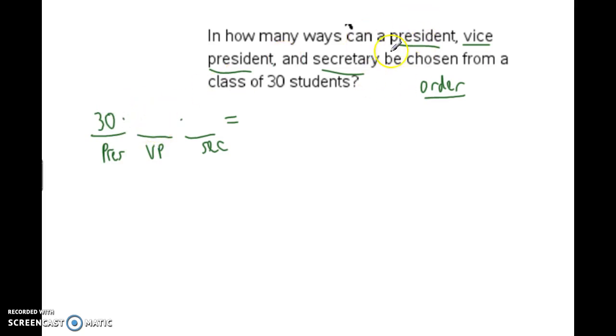So you've eliminated one of the choices. You started with 30 students, you've chosen the president, and now you only have 29 left. A lot of runoffs actually do that. They try for president, and if you don't get it, you might run for VP. And then once you've chosen the president and VP, you only have 28 left over. So whatever that is would be the number of ways that you can choose a president and vice president.